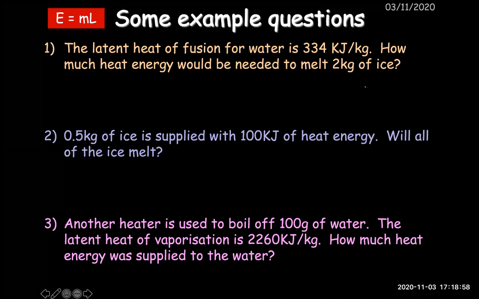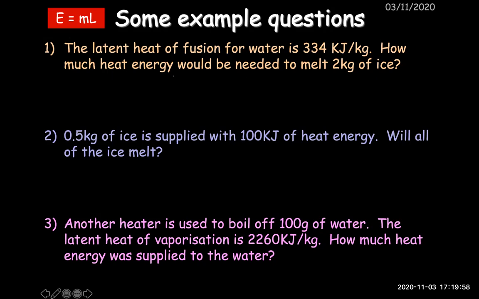Okay, so let's go through the answers here. The latent heat of fusion for water is 334 kilojoules per kilogram. So how much heat energy would be needed to melt 2 kilograms of ice? Now remember, it says kilojoules, so that is 334 with three extra zeros on the end.